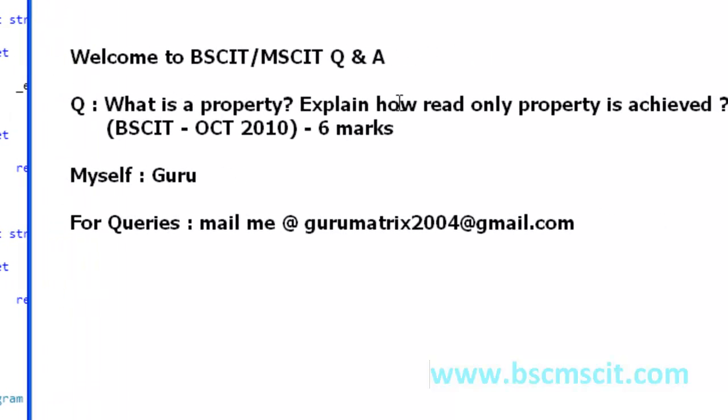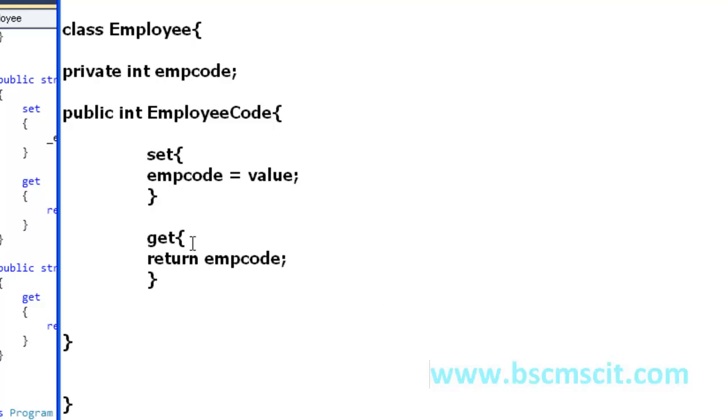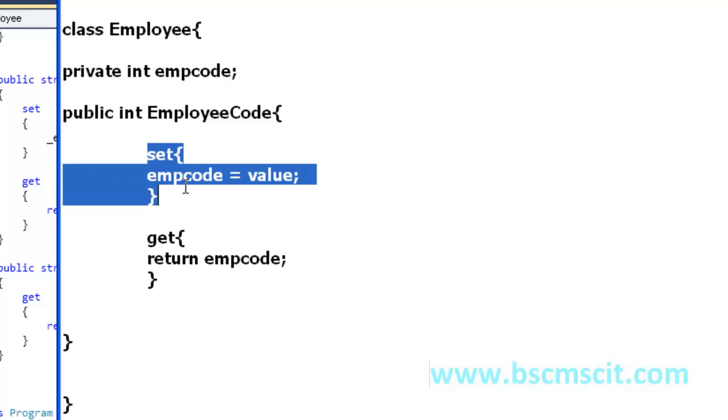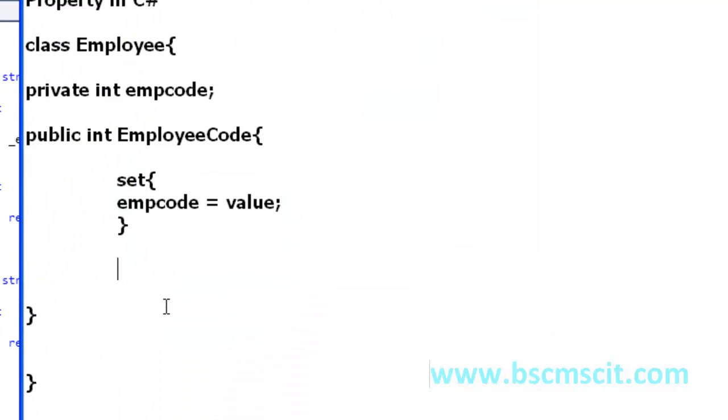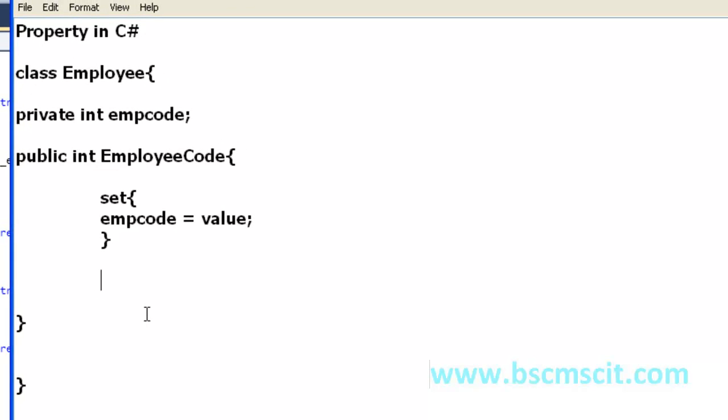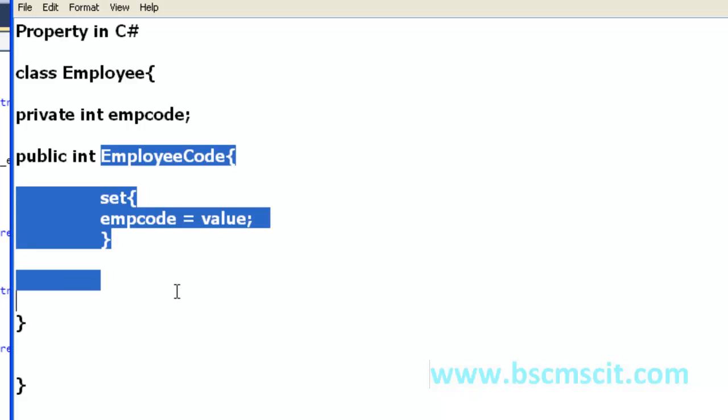If a property has only the set accessor, then we can only write values to the property. We cannot read any value from that property. So such a property is called a write only property.